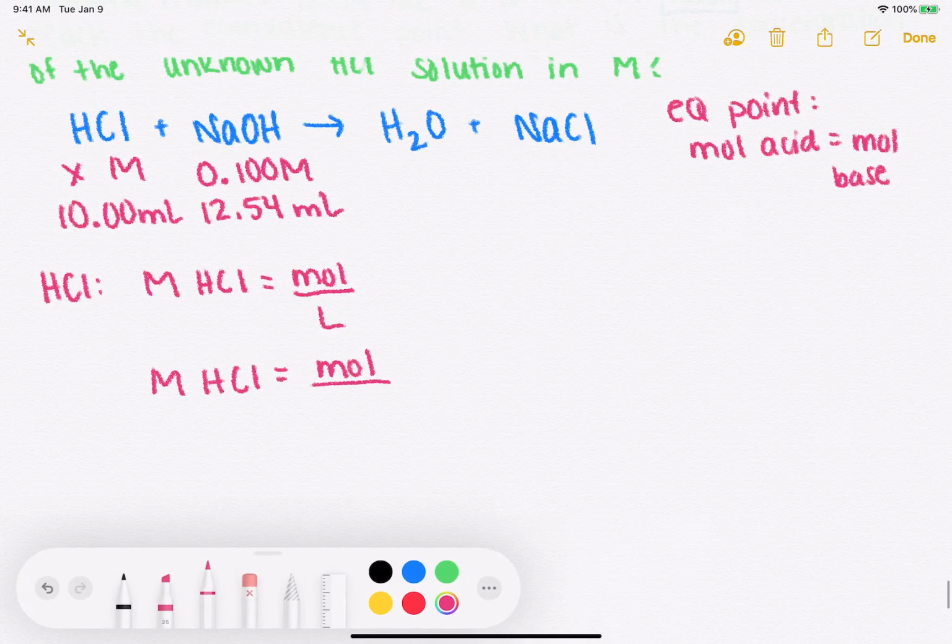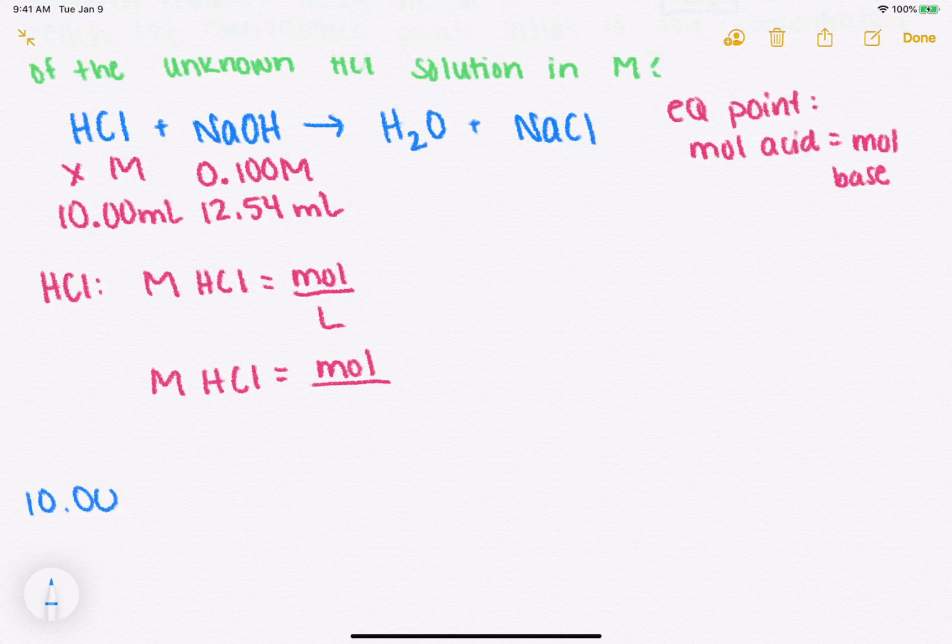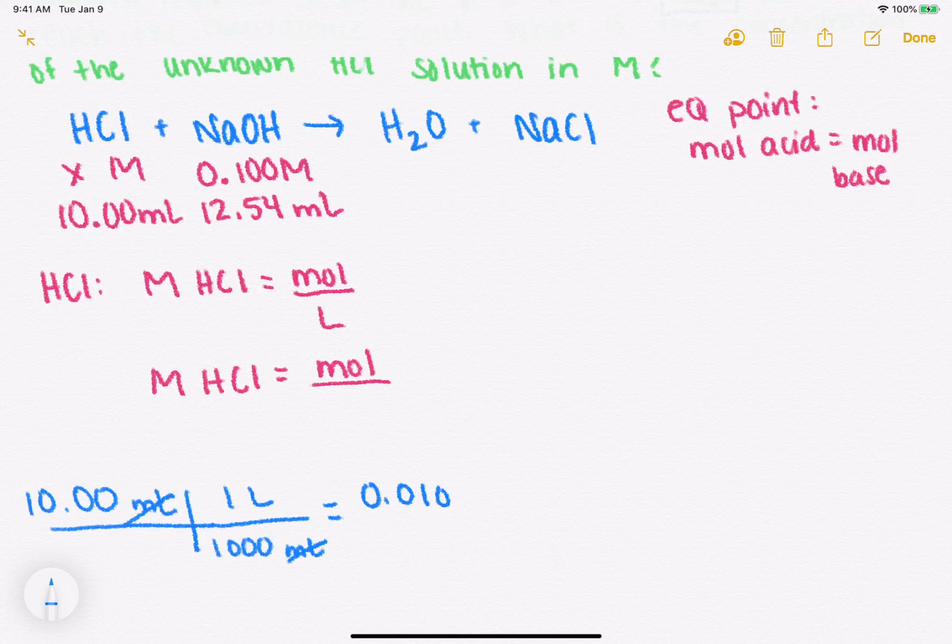So let's come down here and do a quick unit conversion. 10.00 milliliters. There are 1,000 milliliters in 1 liter. Cancel the milliliters. So that means that we are going to have 0.01000.